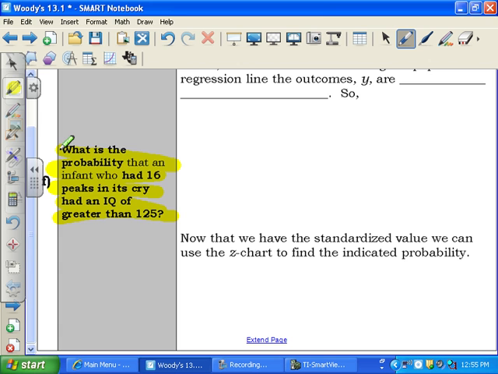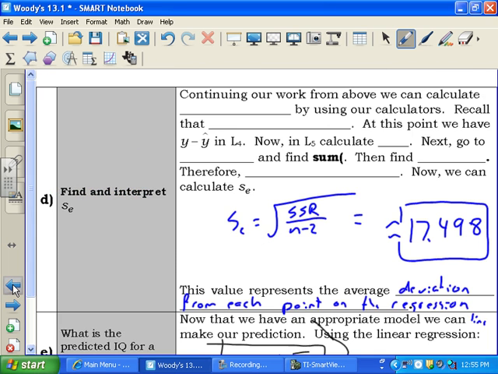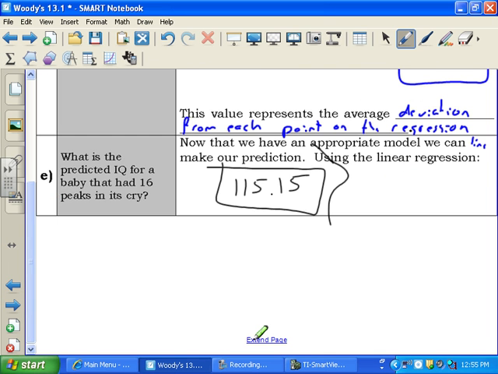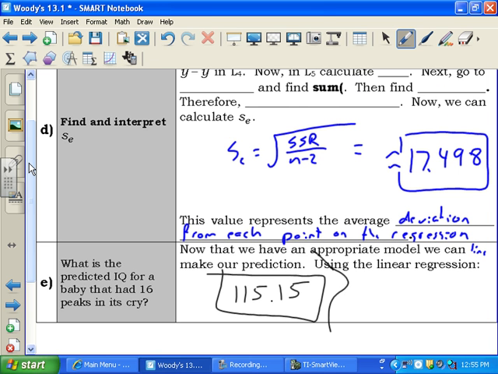Our data says that when the infant had 16 cry counts, that 3-year-old should have an IQ of 115. If this is my standard deviation, and this is the predicted value, then what is the probability that the infant who had 16 cry counts actually has an IQ greater than 125?